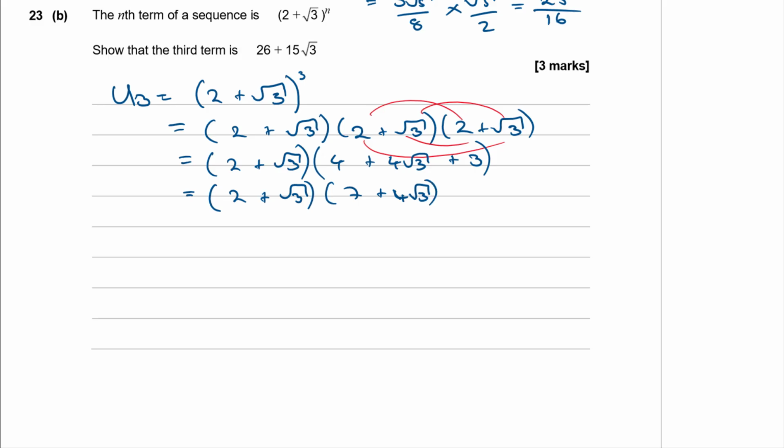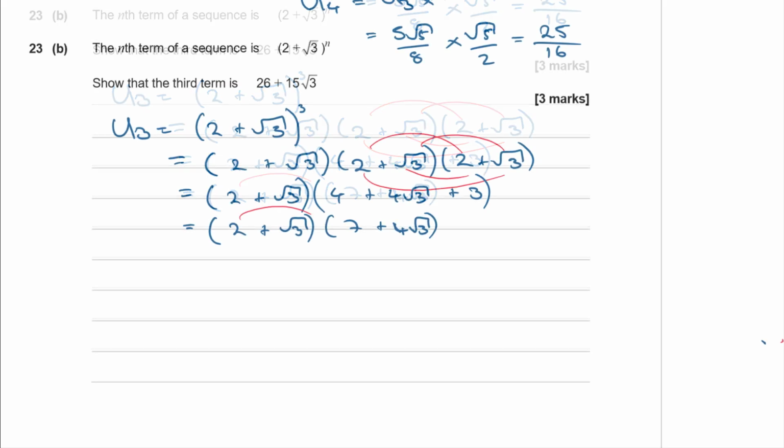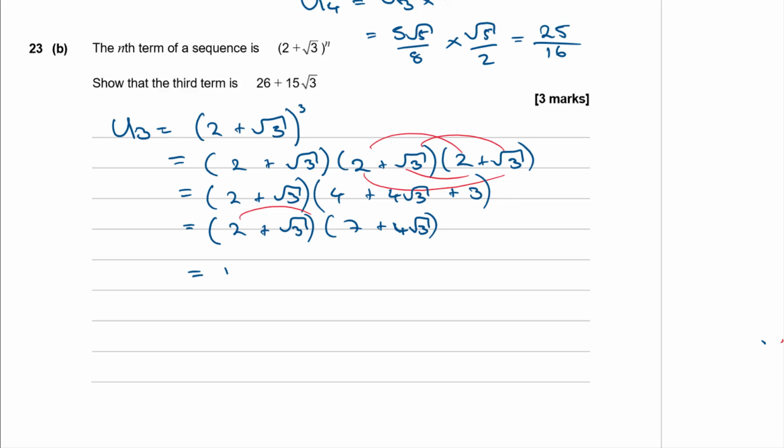And then we just do FOIL again. So I'm going to do 2 times 7, which is 14. I've got 2 times 4 root 3, which is 8 root 3. I've got root 3 times 7, which is 7 root 3.